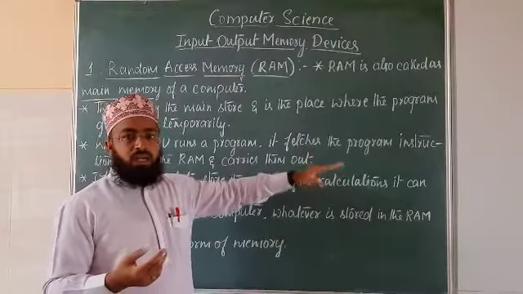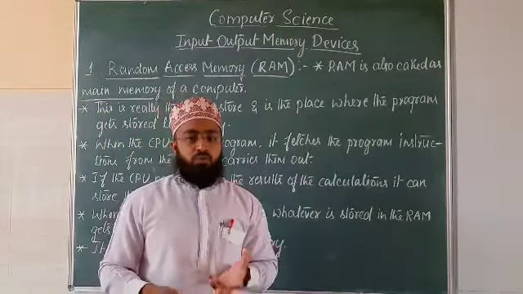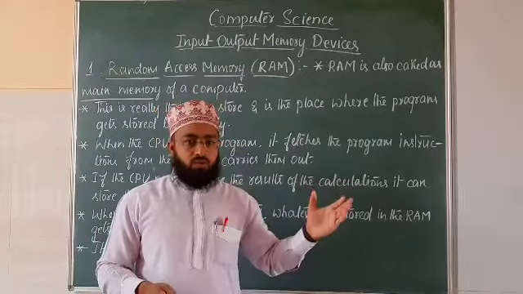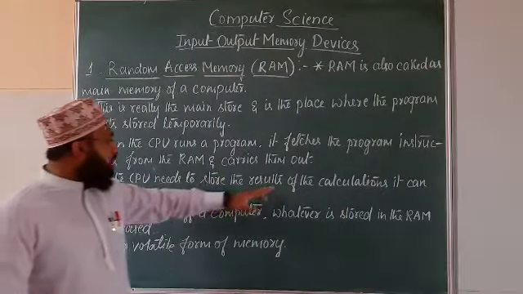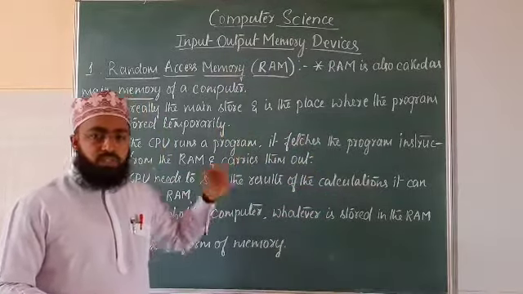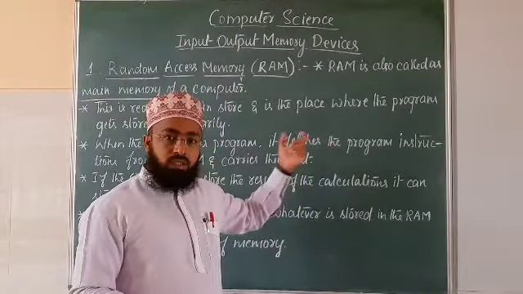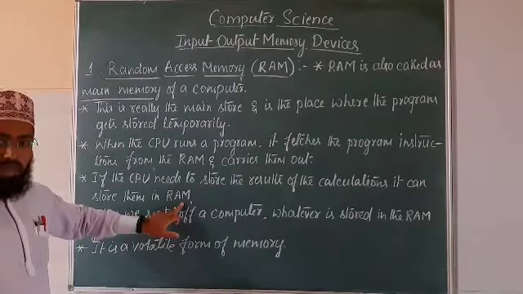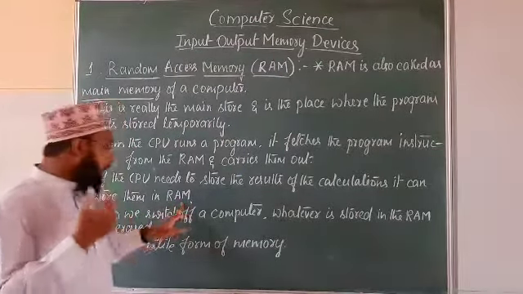While working, the CPU will access the program instructions present in the RAM and take them out. If the CPU needs to store the results of these calculations, it can store them in RAM. Only the CPU will store the results in RAM.